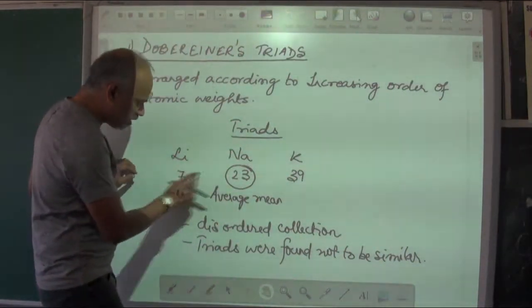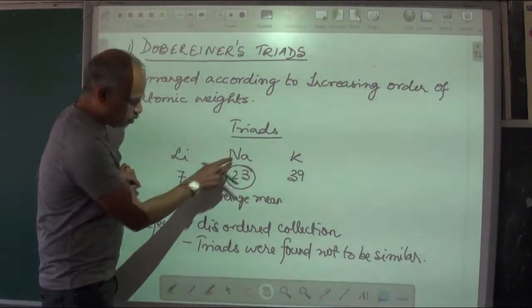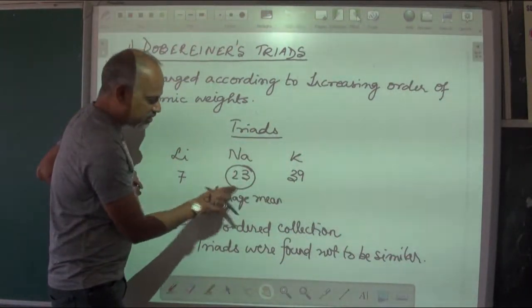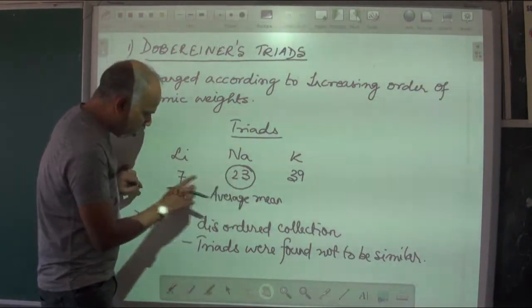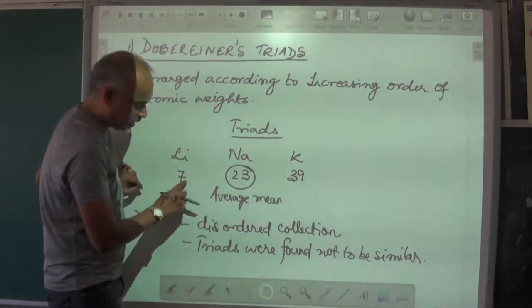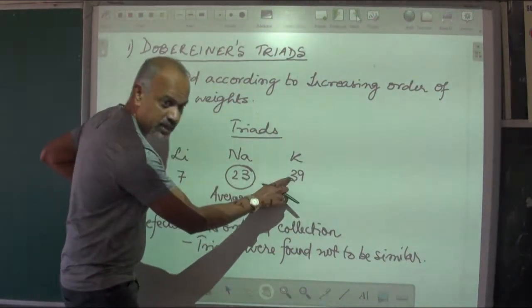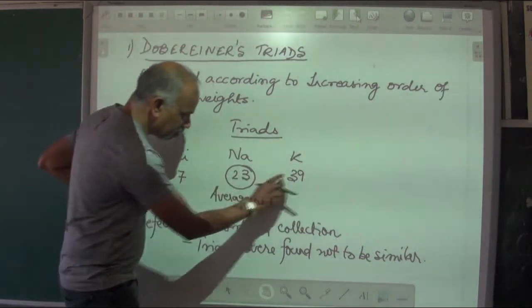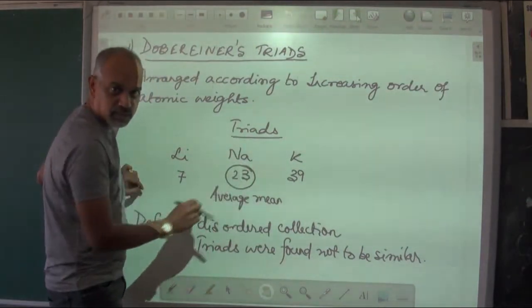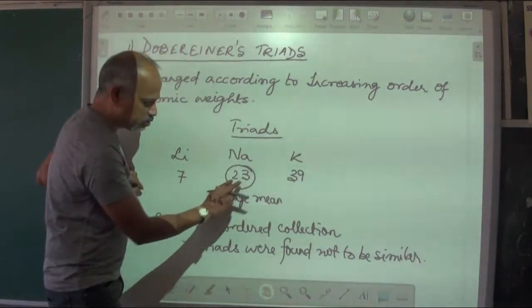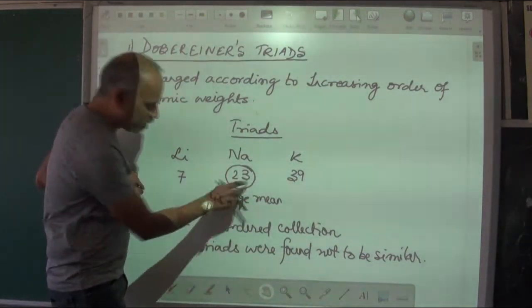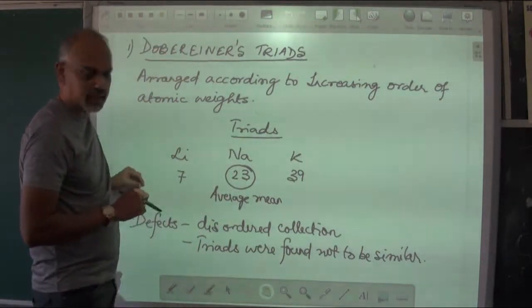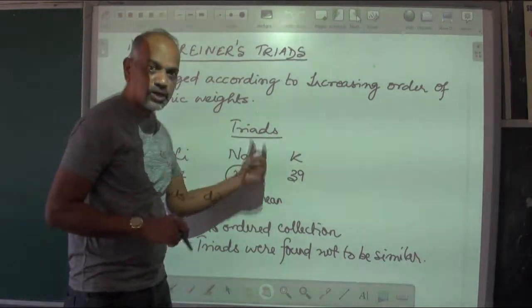How these are arranged is, the one in the middle is the mean or the average of these two together. If you add 7 and 39, that is 46. Divide 46 by 2, you will get 23. So 23 is sodium. This is how the triads were made.